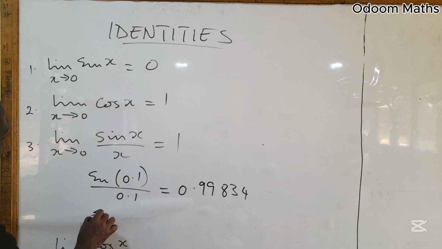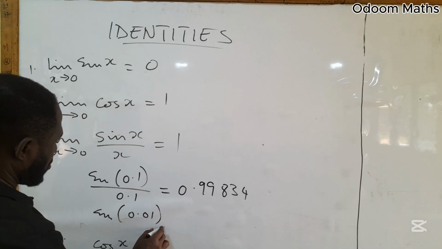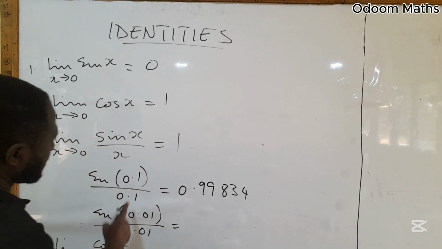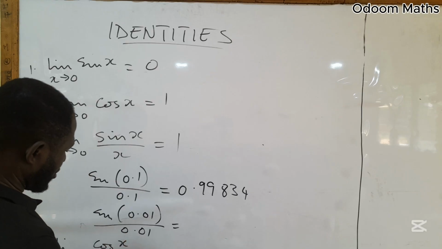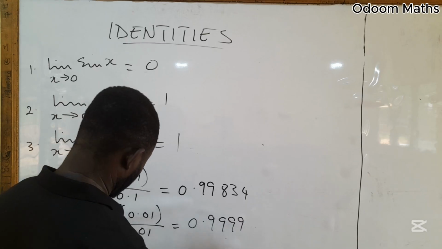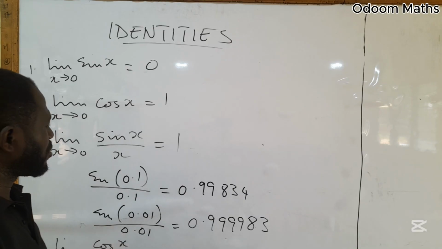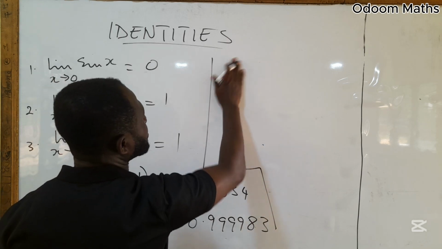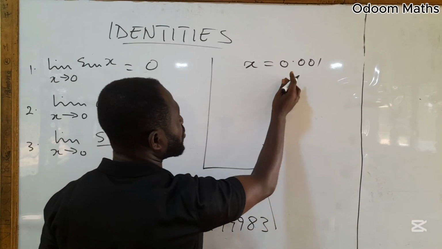So sine 0.01, which is closer to 0 than this one, over 0.01. That is if x is equal to 0.01. Sine 0.01 over 0.01 is 0.99983 and the rest. Let me move again and let x be 0.001, which is closer to 0 than 0.01.